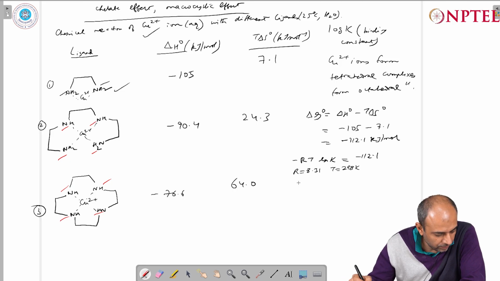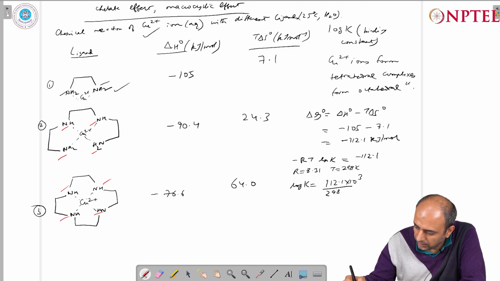So, we can now get the value of log K by dividing the value obtained from the natural logarithm by 2.303. This will come out to be 112.1 into 10 to the power 3 by 298 into 8.31 into 2.303. This will be around 19.7.